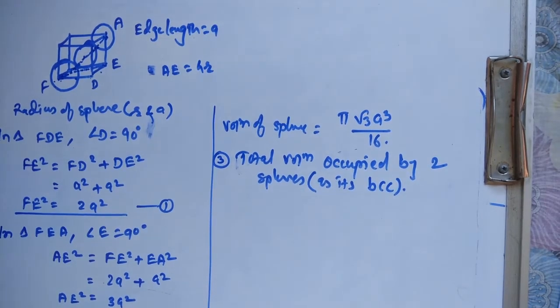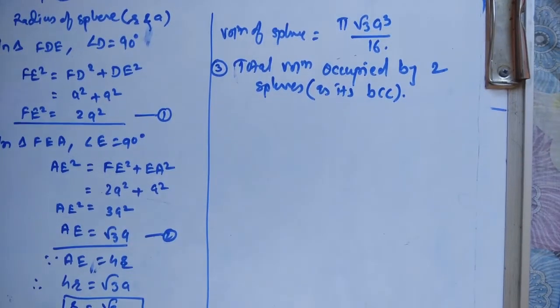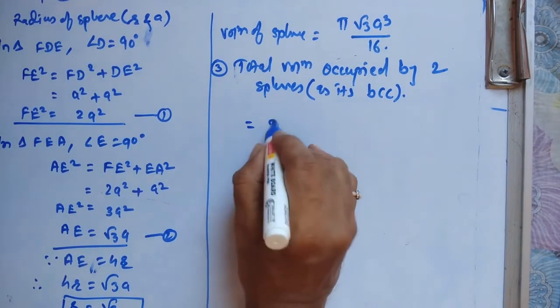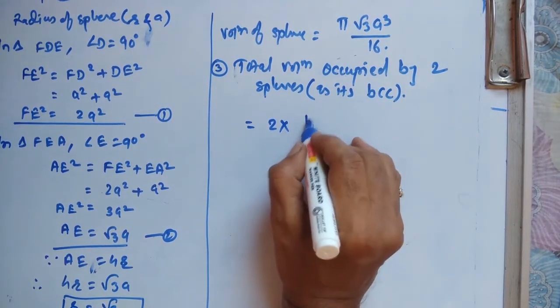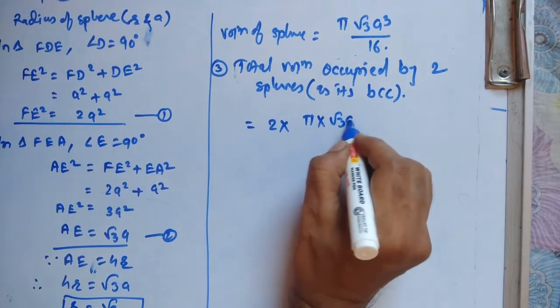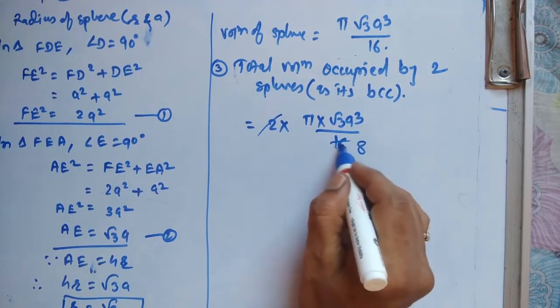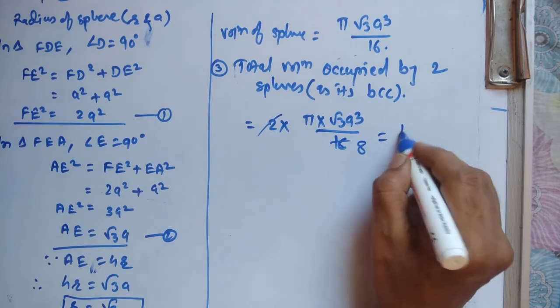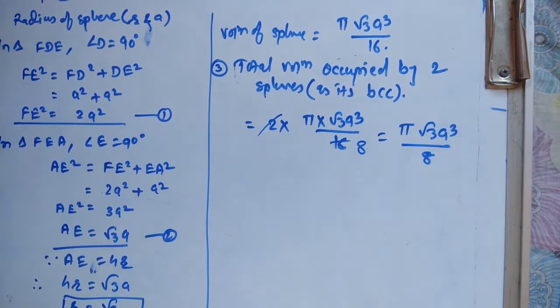Because two atoms are present in a body centered cubic cell, right? So we can write that is equal to 2 into this, pi into root 3 a cube divided by 16, that is 2 8s are 16, equal to pi into root 3 a cube divided by 8.